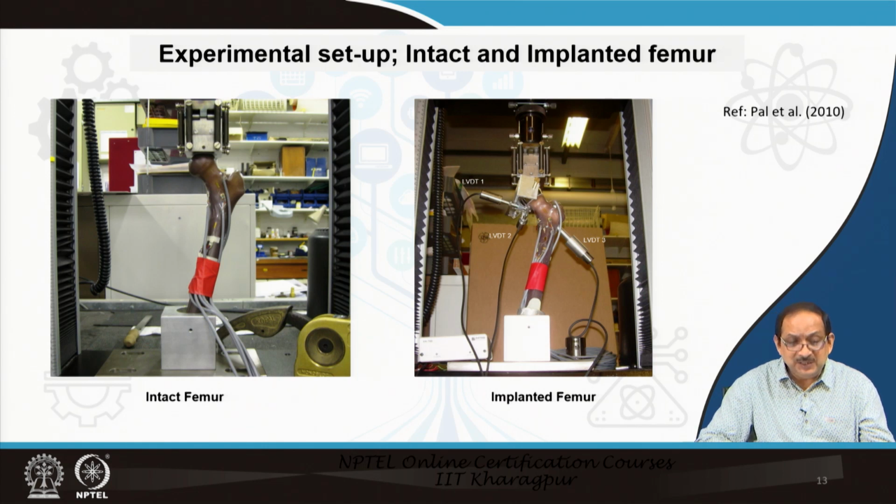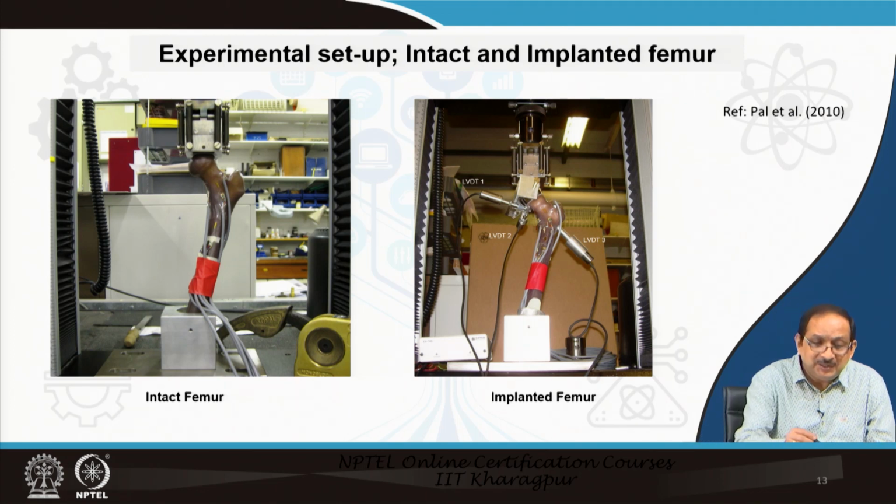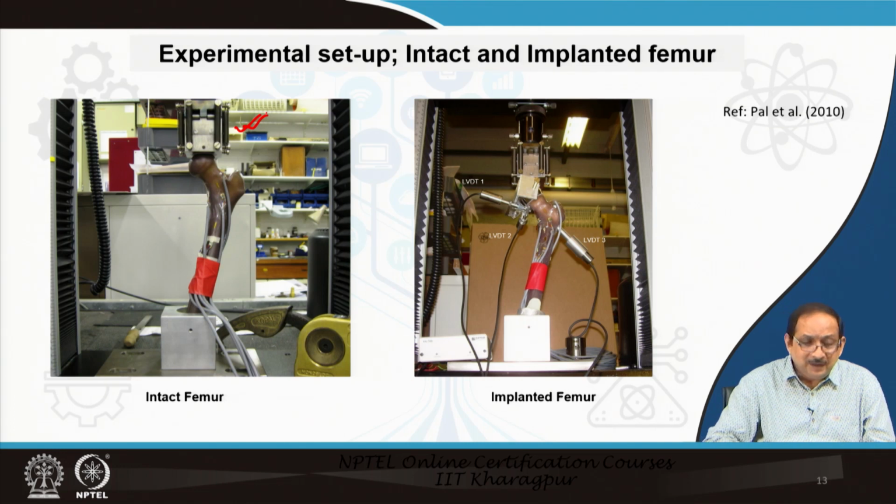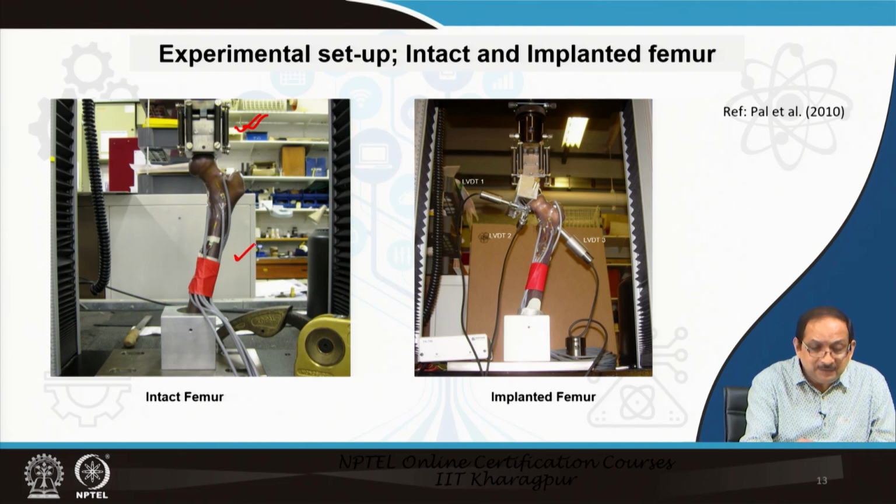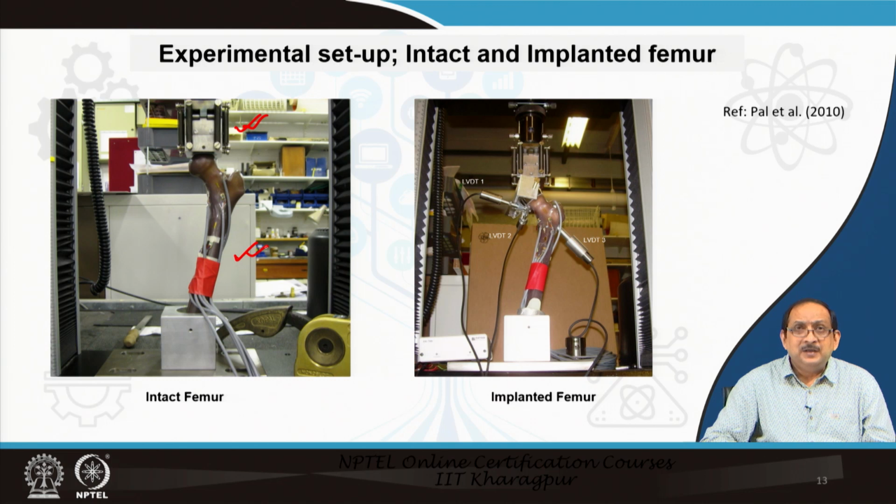So, let us now see the experimental setup where we tested. You can see the loading fixture and the intact femur is positioned, maintaining the anatomical angles, and it is held in a mechanical testing machine.